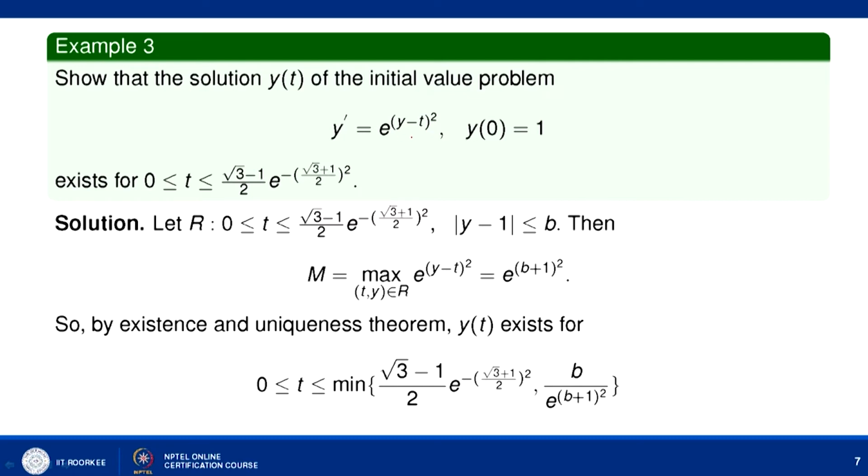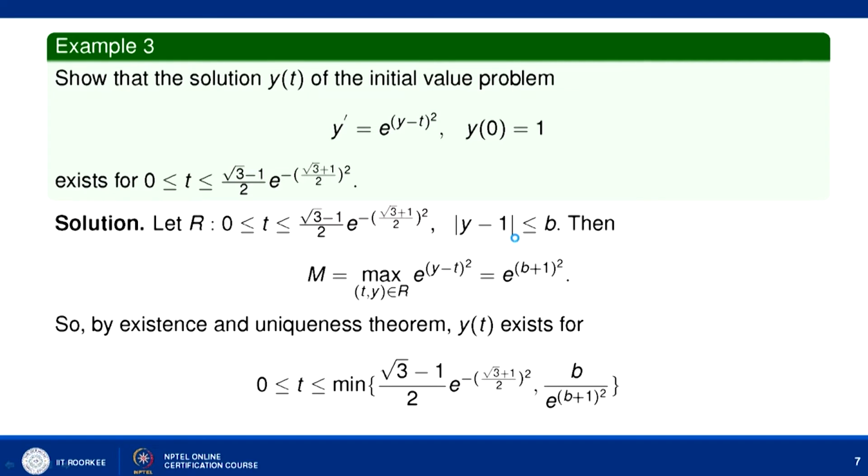Since it is a continuous function in the closed rectangle, where t lies between 0 and (root 3 minus 1) upon 2 e to the power minus (root 3 plus 1 by 2) whole square, and the absolute value of y minus y naught is less than or equal to b. So, in this closed rectangle, the function f of t, y is continuous. So, it is bounded, and it will achieve the maximum value. So, by the existence and uniqueness theorem, this has a solution, and we want to find the interval in which the solution exists.